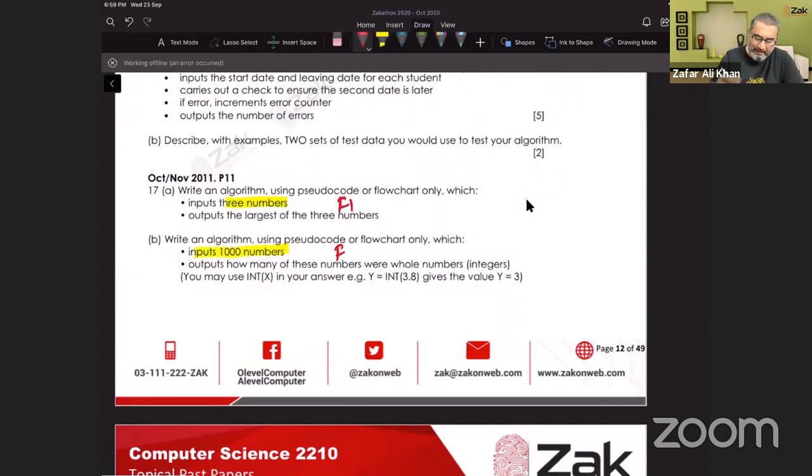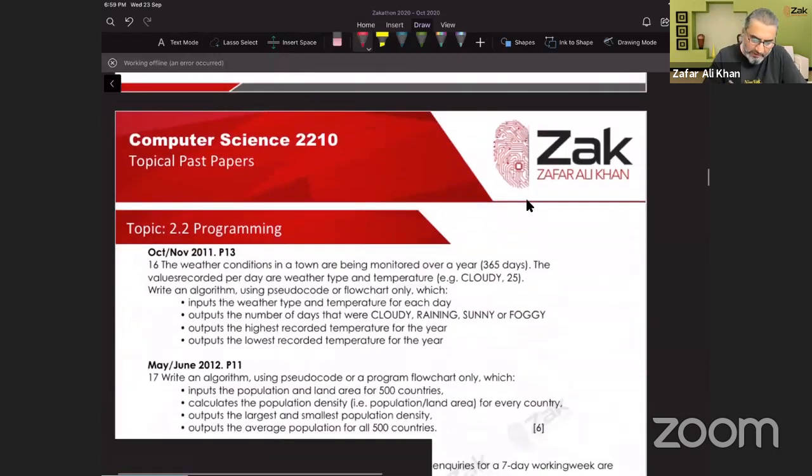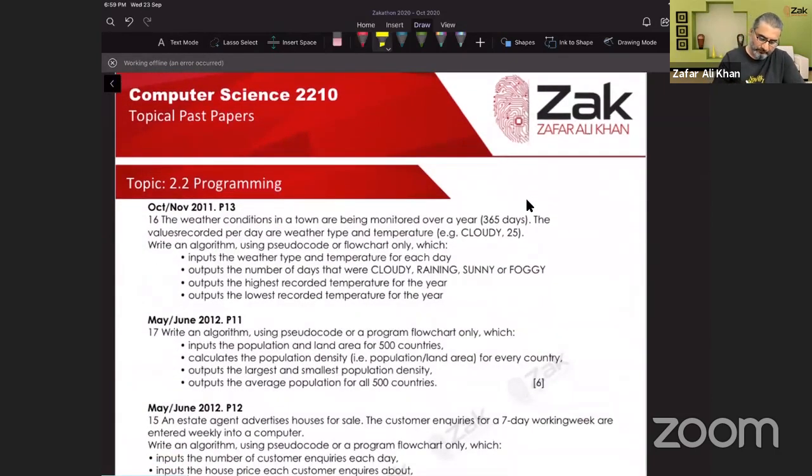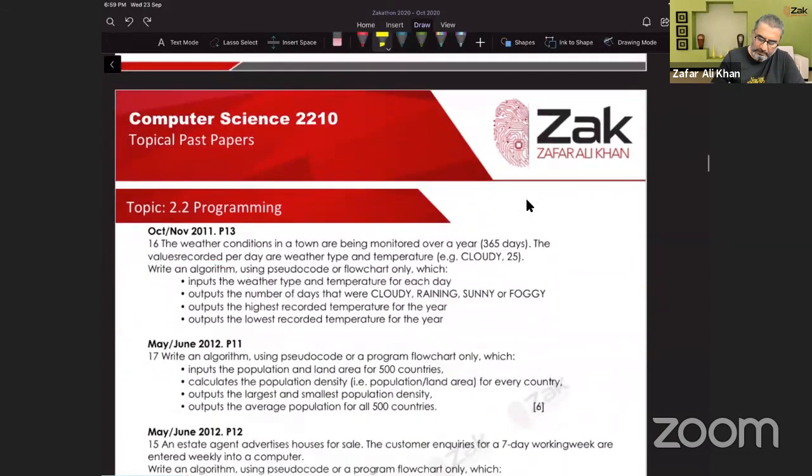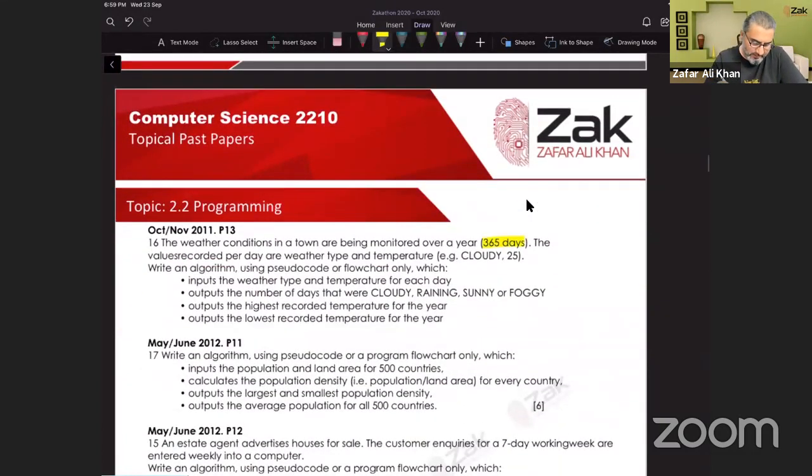Get the idea. The weather condition in a town is being monitored over a year, 365 days. The values recorded per day are weather type and temperature. This is format 1 because it is being read for 365 days.